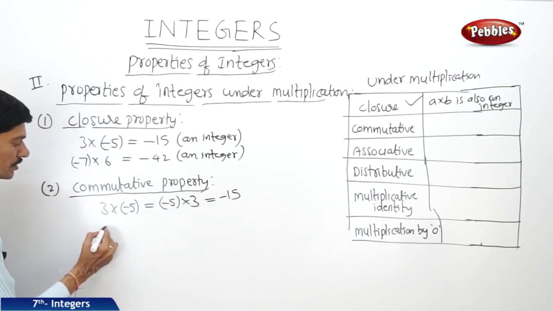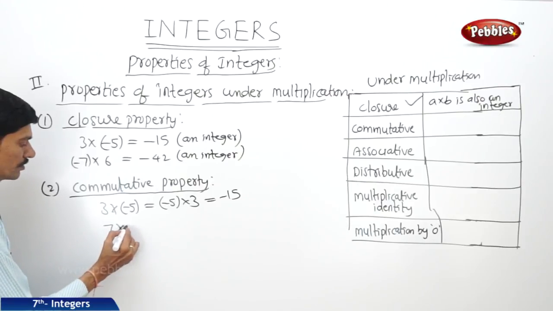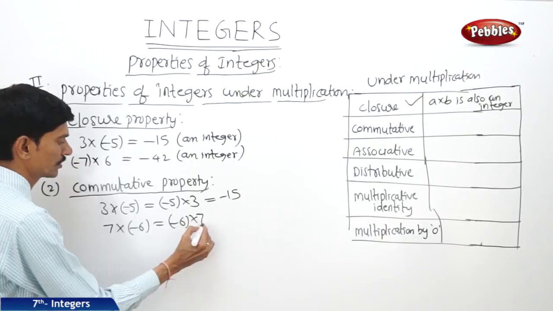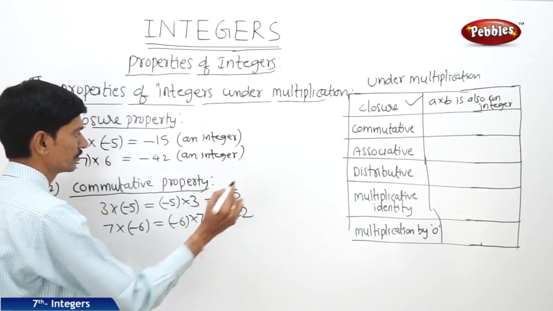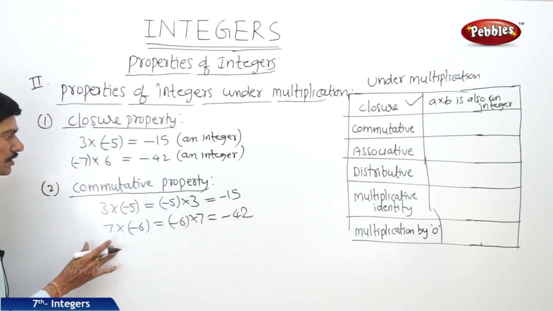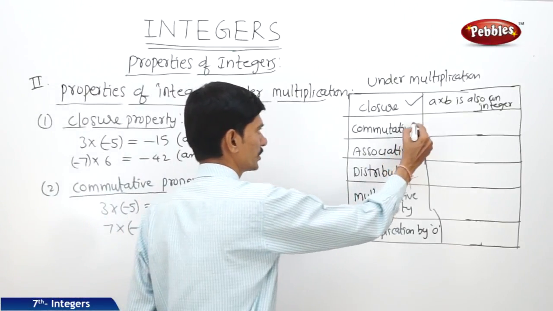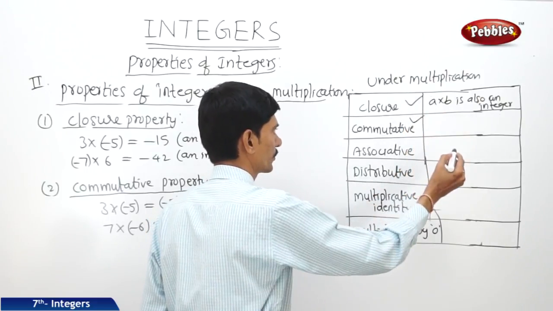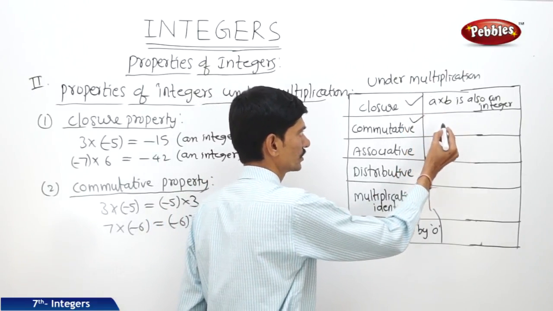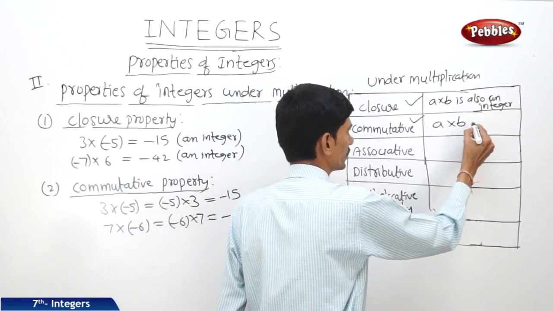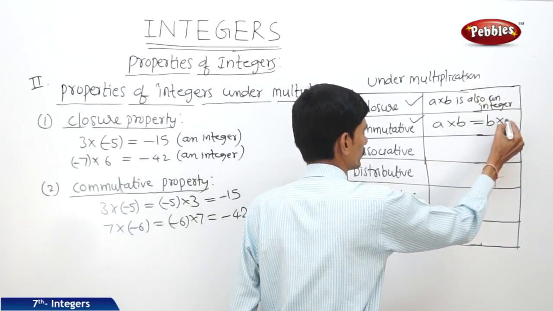So we can take 7 into minus 6 equals minus 6 into 7 equals minus 42. So integers follow the commutative property under multiplication. In general, for any two integers a and b, a into b equals b into a.